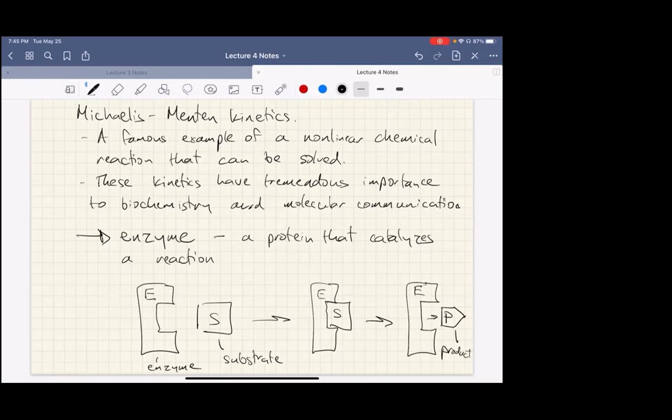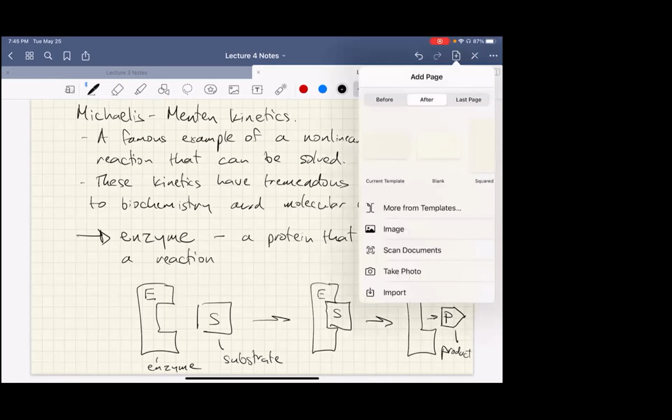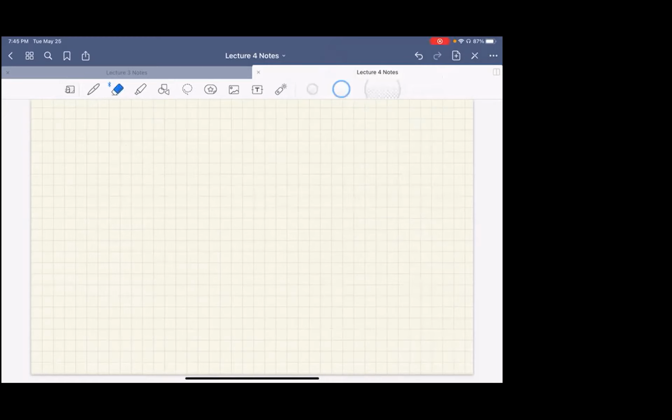So what we end up with is a series of chemical reactions that look like this. We start with the enzyme and the substrate. There's a forward reaction. There's a backward reaction. F is for forward, R is for reverse.